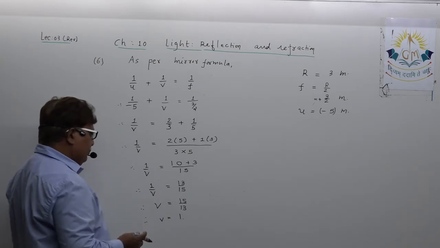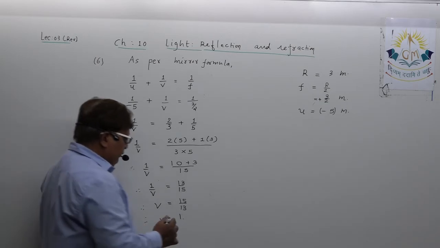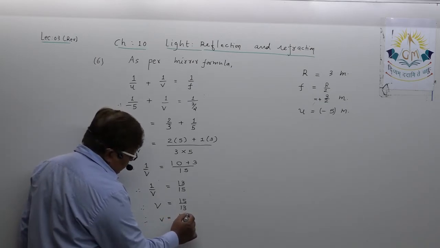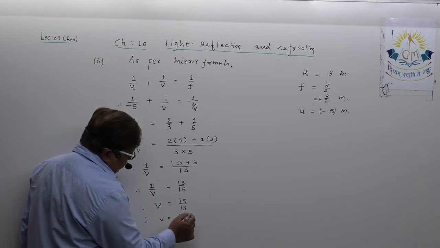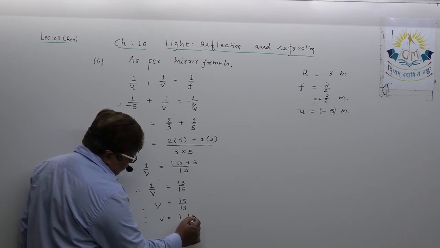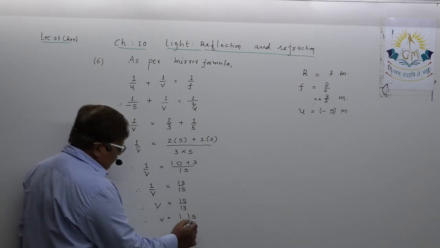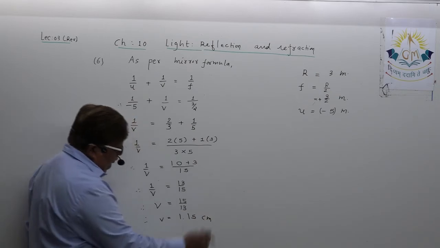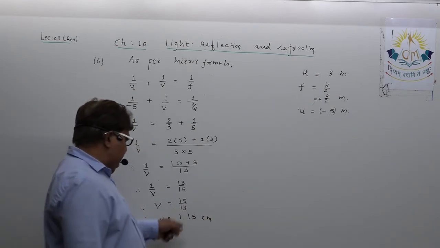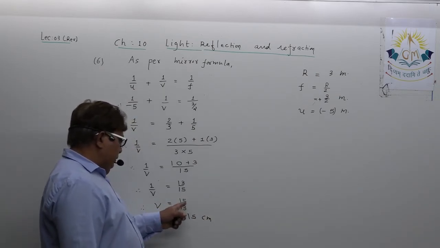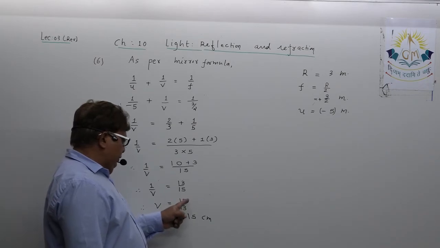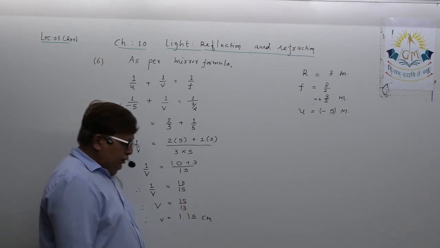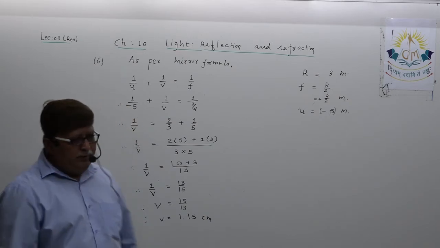Understand? 2 left, point 0, 13 ones are 13, 7 left. Okay, 0 13, 1.15 centimeter.